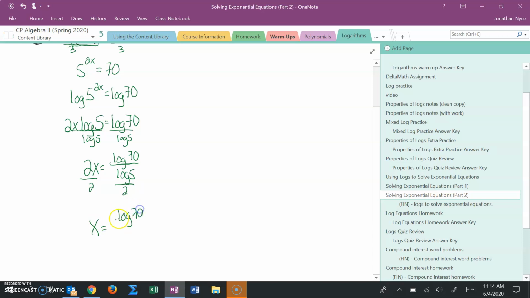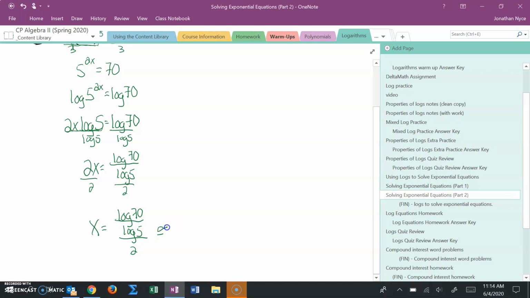And at this point, we go to the calculator and type that in. I'm using the calculator off screen right now, doing the log of 70 divided by the log of 5, and then dividing that by 2.